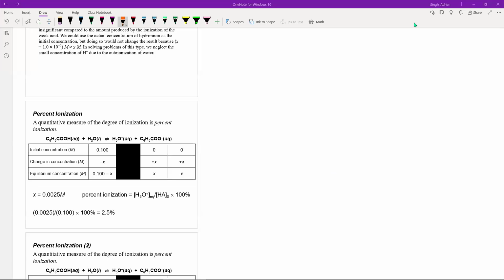Okay, so we talked about the ability for acids to ionize and produce H plus, and the extent to which they ionize is a reflection of their strength.